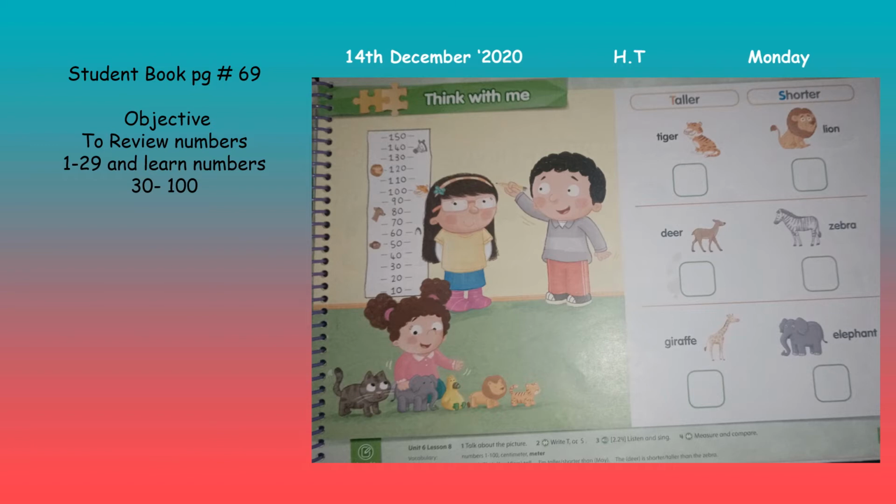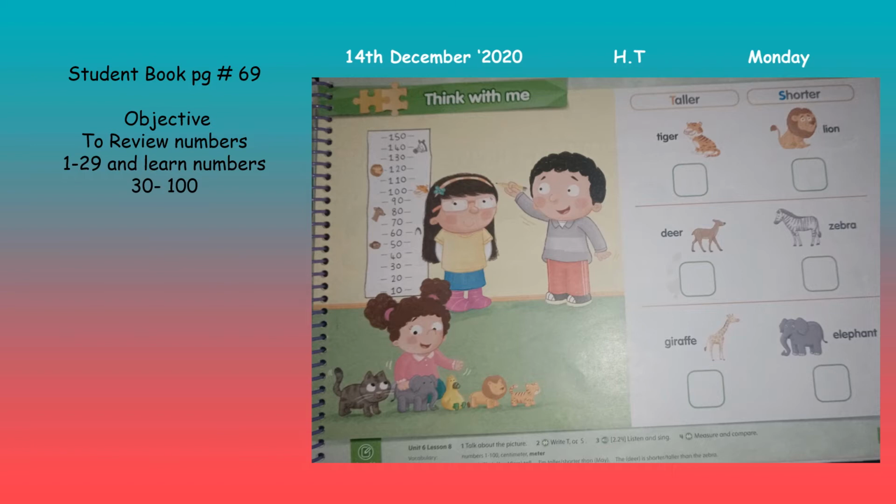In the middle, write capital H dot capital T, and then at the end, write Monday. Objective of the lesson is to review numbers 1 till 29 and learn numbers 30 to 100.